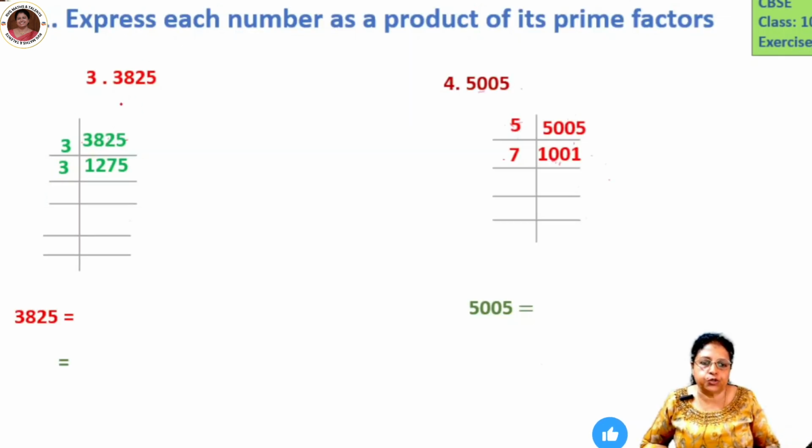Then come to the next question, 3825, the third one. 3825 is not an even number, so 2 is not a factor.